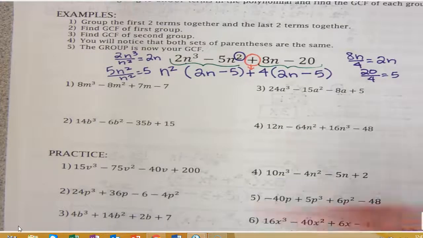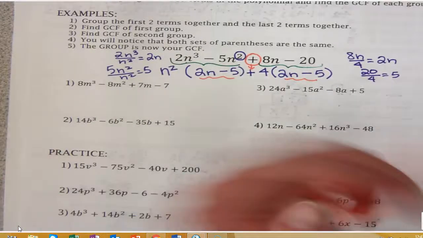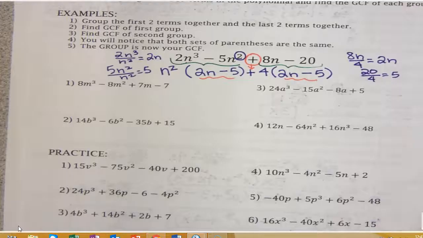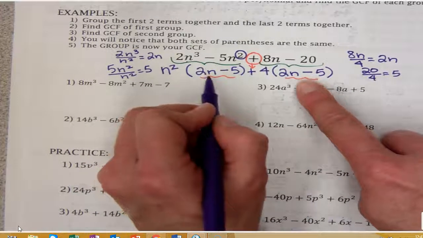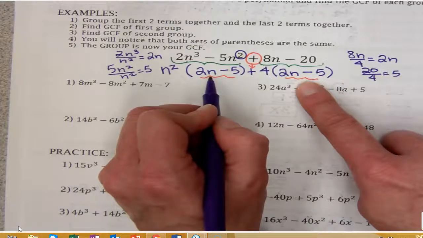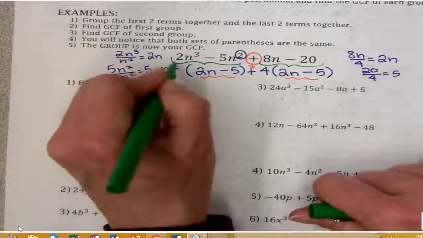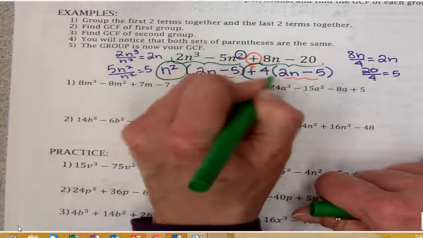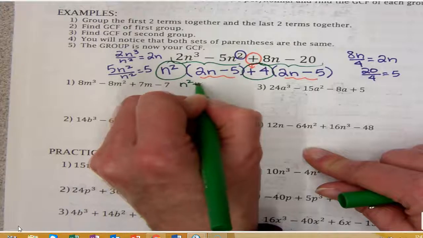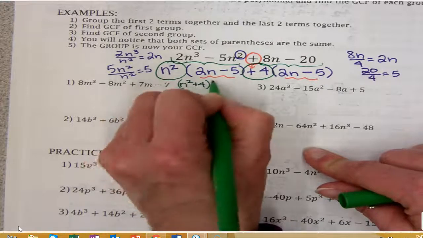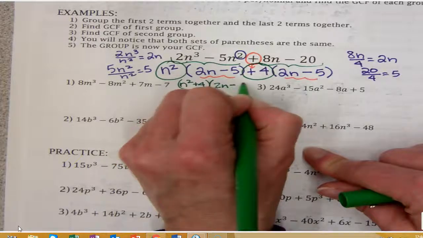Now, of course, we want these to be the same, because what we're saying now is this term and this term have these 2 things in common. So we can factor those out. So I'm going to take my n squared and my plus 4, and I'm left with n squared plus 4 times 2n minus 5.